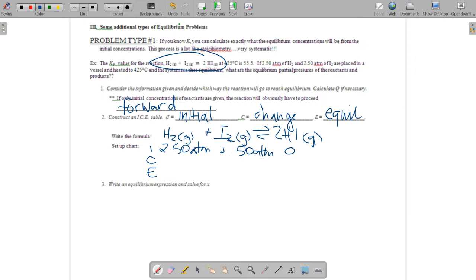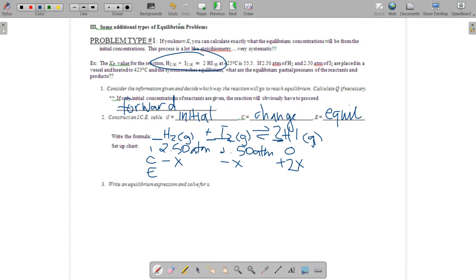Now this is where we use stoichiometry. I'm going to lose minus X of this. Because there is an understood 1 here and an understood 1 here, these would be minus X. Now, because there is a 2 here, we're going to gain twice as much of HI as we lose of I2 or H2.